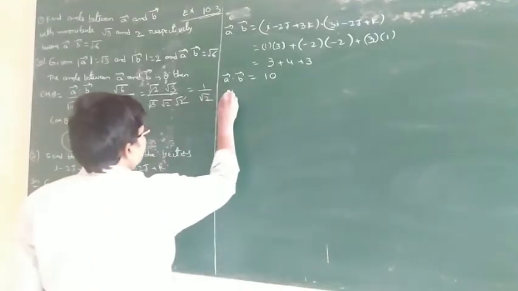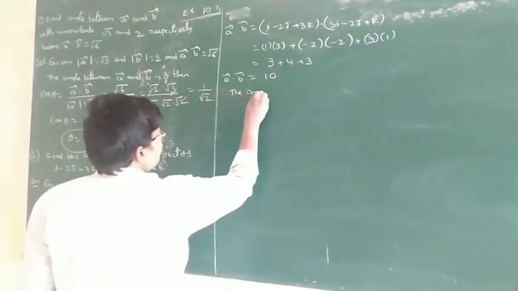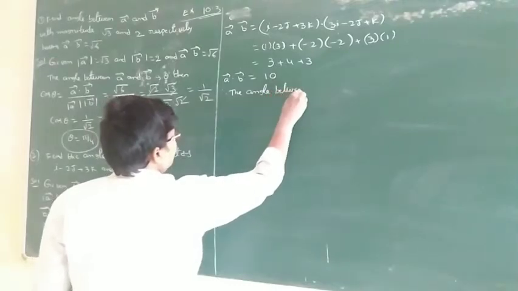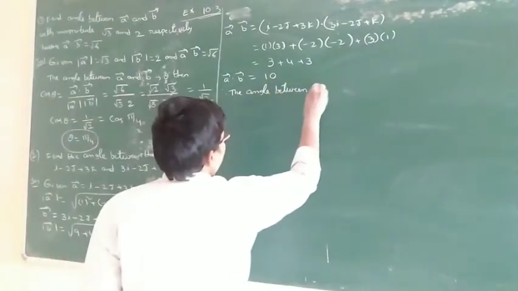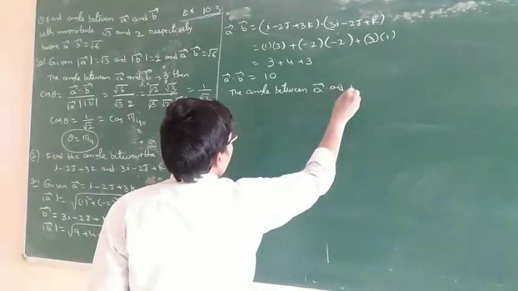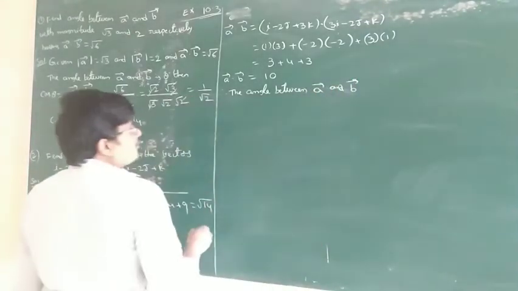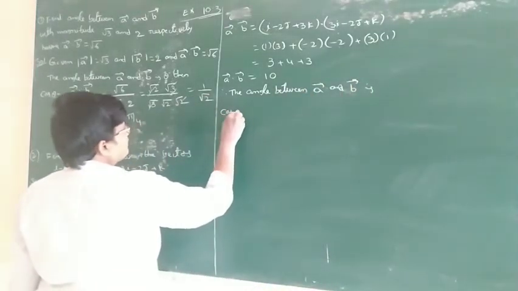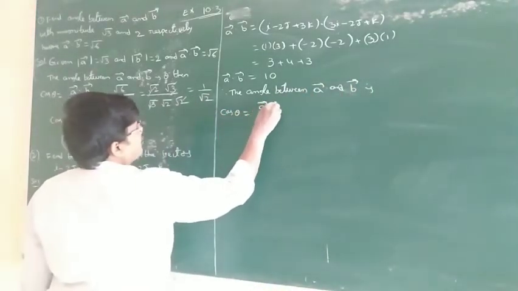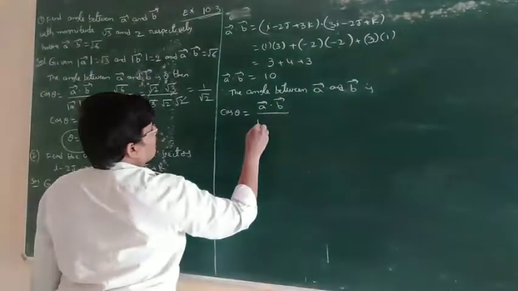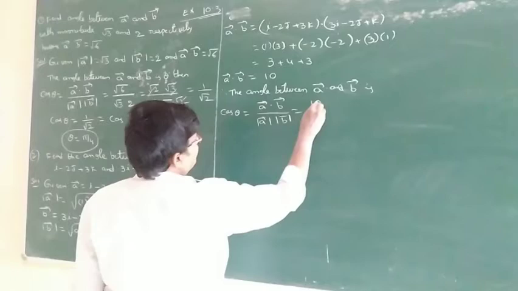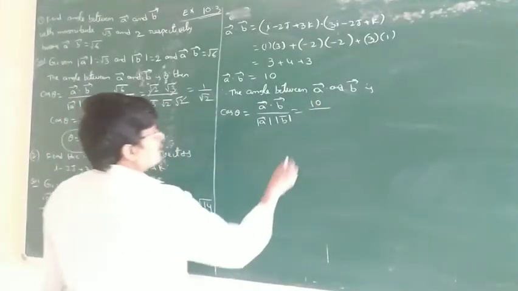So therefore the angle between A bar and B bar: cos theta is equal to A bar dot B bar by mod A bar into mod B bar. A bar dot B bar is 10.